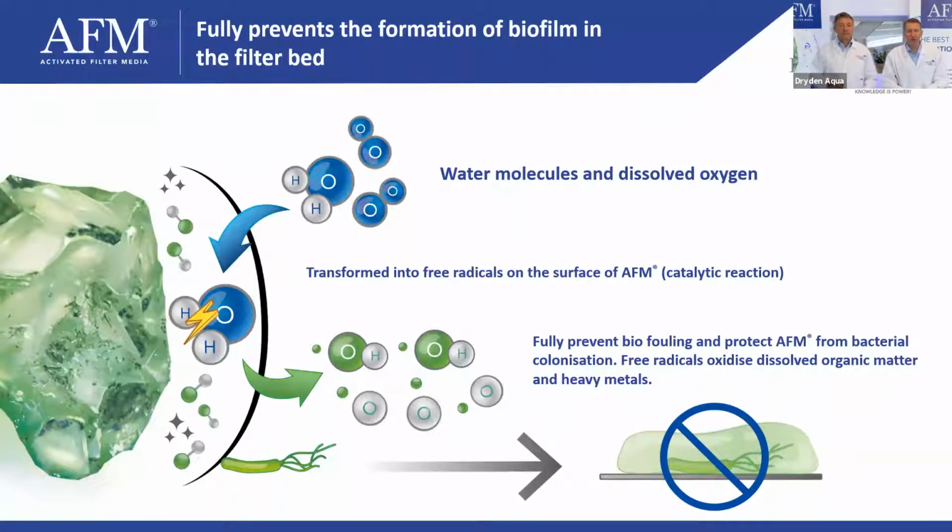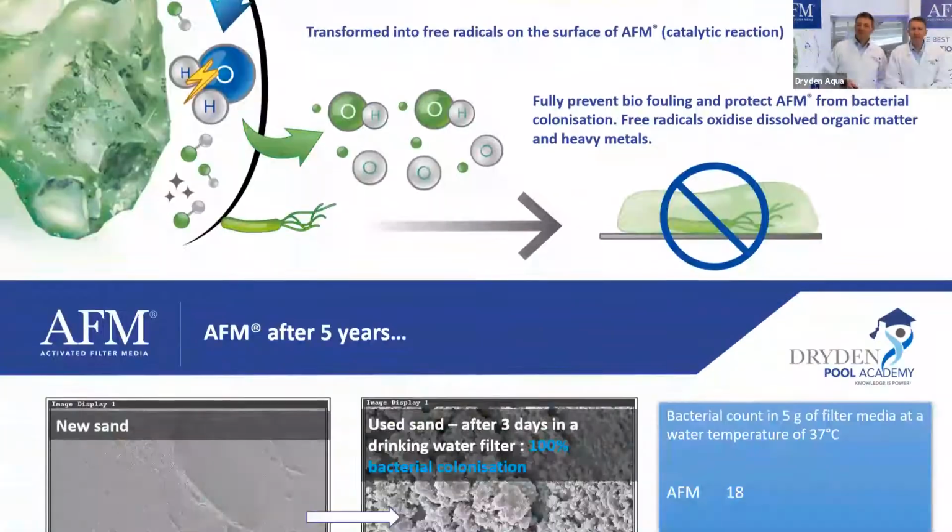Again, we're brainwashing you a little bit, really intensive. Metal oxides on the surface of the grain react with oxygen in the water to form free radicals. These free radicals have a very high oxidation potential and will oxidize bacteria that are trying to attach on the surface. Well done. Good. Did you understand it?